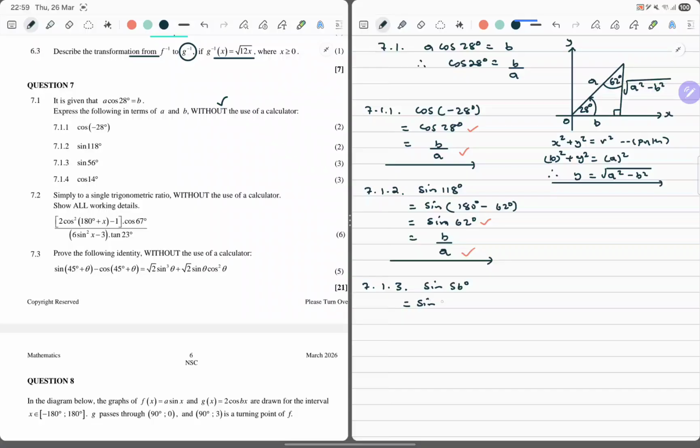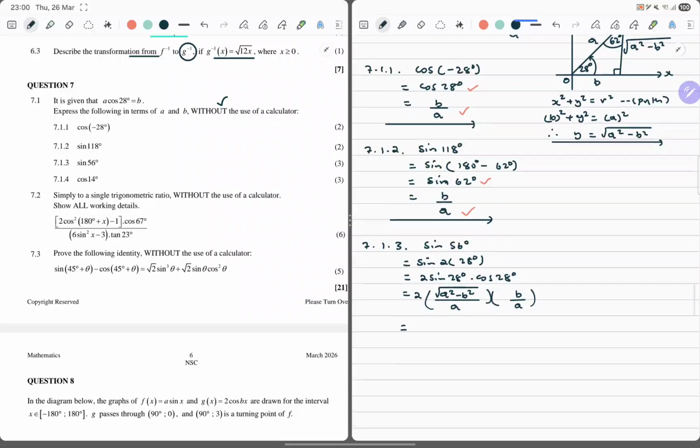So this is the same as sine 2 times 28 degrees, isn't it? It's a double angle. So this is 2 sine 28 degrees cos 28 degrees. This is 2 into sine 28. It's going to be this square root all divided by a. Cos 28 is b over a.